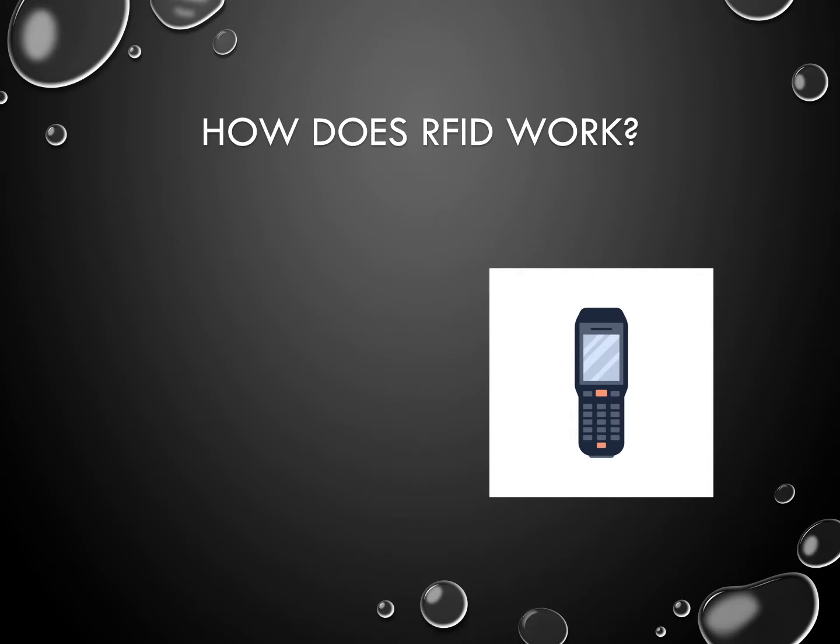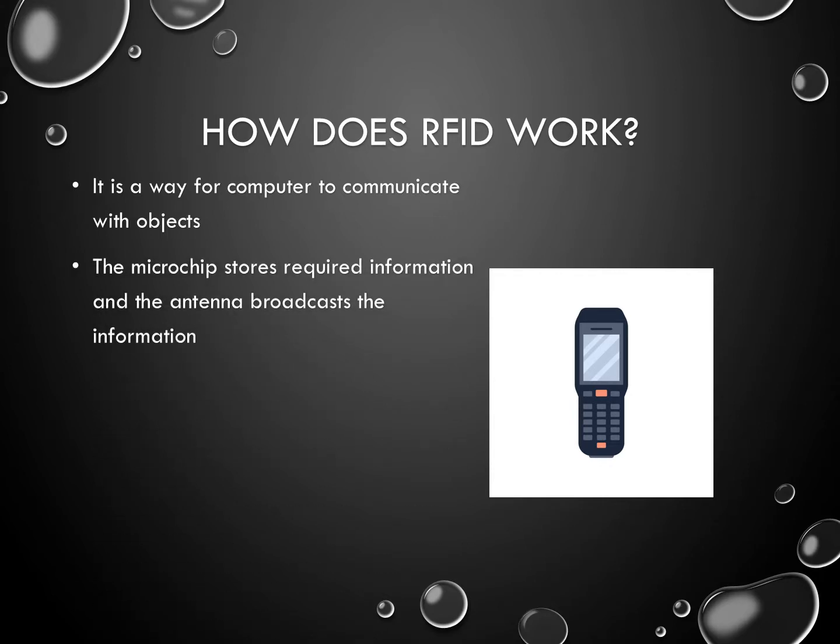So how does RFID work? It is a way that a computer or a device communicates with objects. An RFID tag is made out of a microchip that stores the required information, and it also has an antenna that broadcasts the information via radio wave.